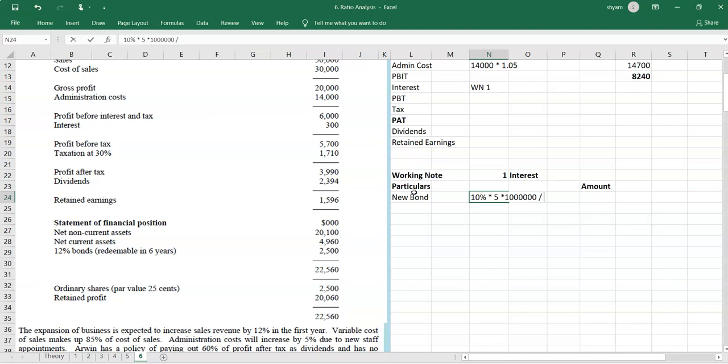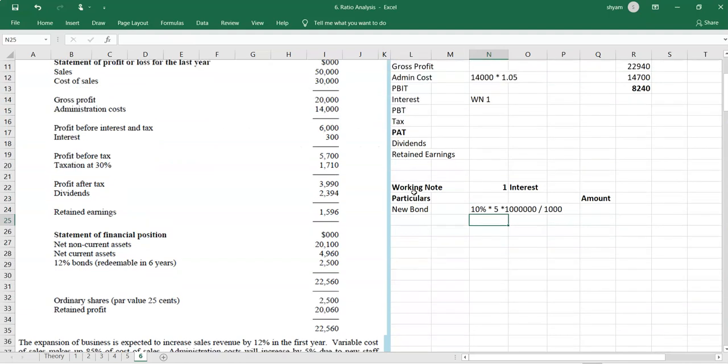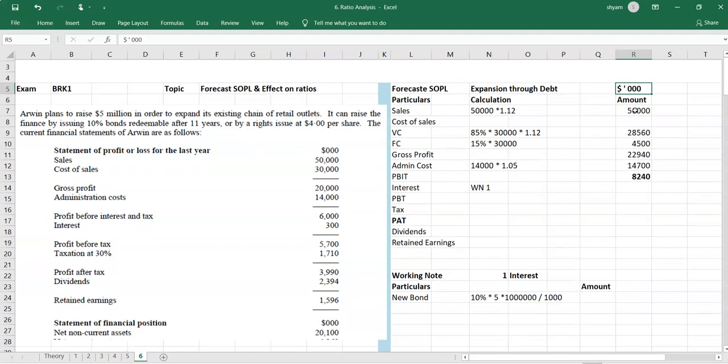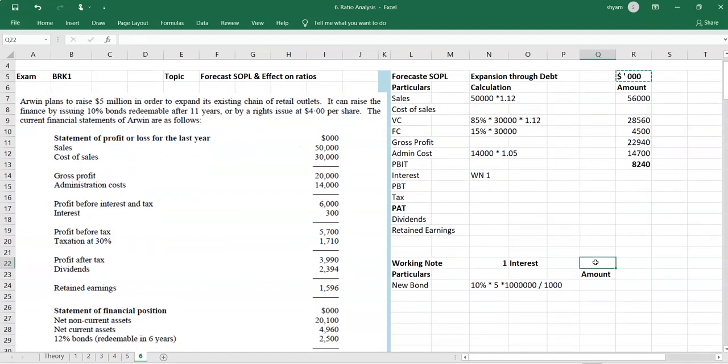As we are working out the sum in terms of thousands, we can divide it by 1000. Whenever we work out, we have to mention that we are working out in terms of $1,000. The same concept is applied here also. So let's get the answer. It's a 10% interest and 5 million bond converted to thousands, so that comes to 500.